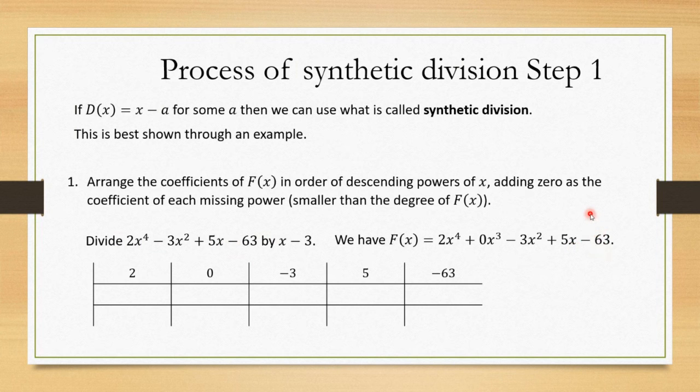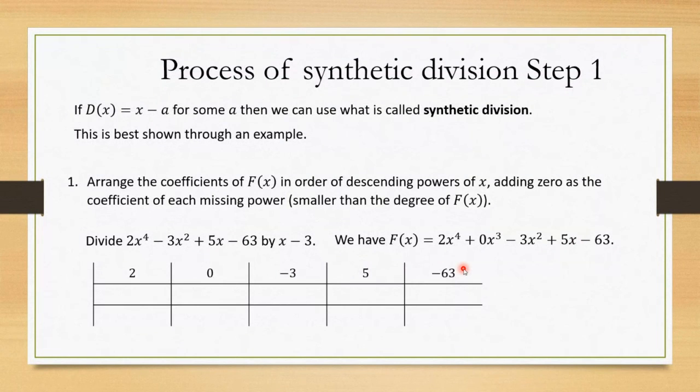Okay. So now from here, what do we have? Well, we're going to make a grid where each coefficient here is going to be a column. So we have 2x to the 4, 0x cubed, that goes here, minus 3x squared goes here, 5x is here, and minus 63 goes here also.